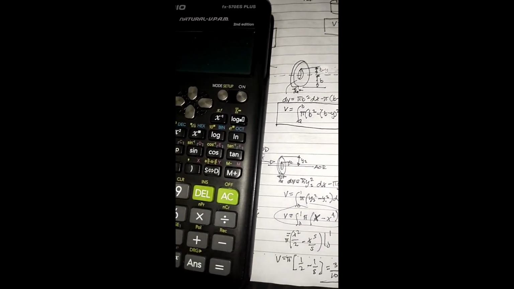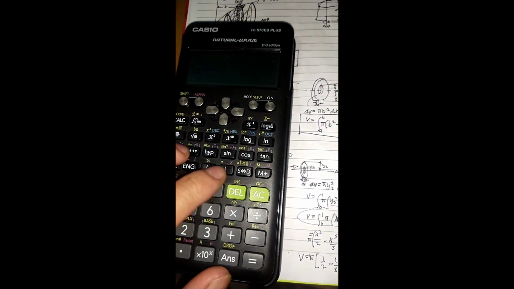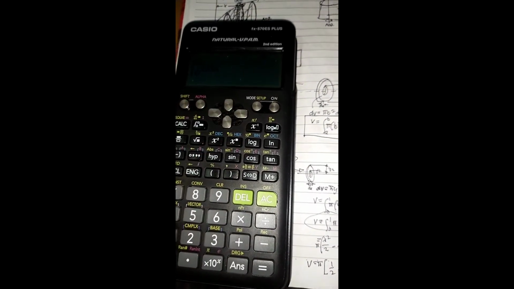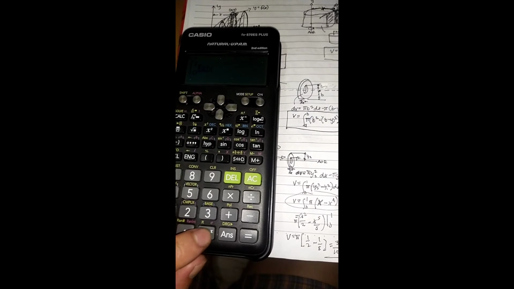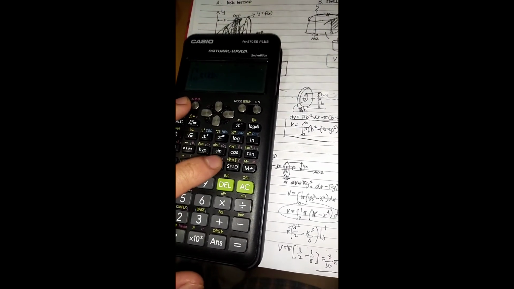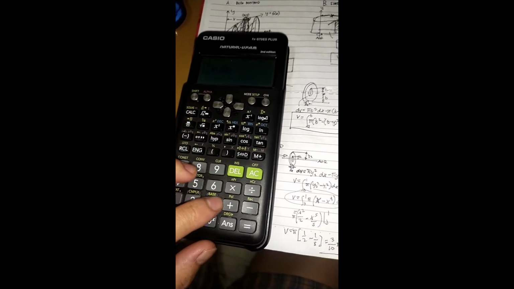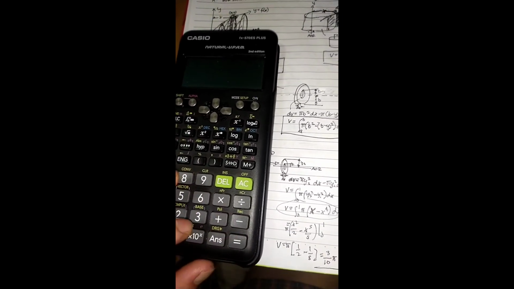If you calculate this, the integral from 0 to 1 pi times x minus x to the fourth dx, we get the final answer from this problem.